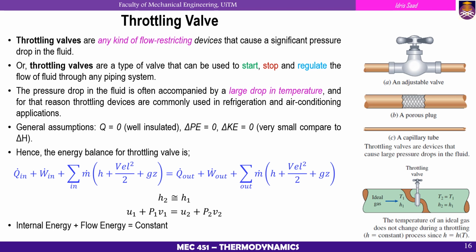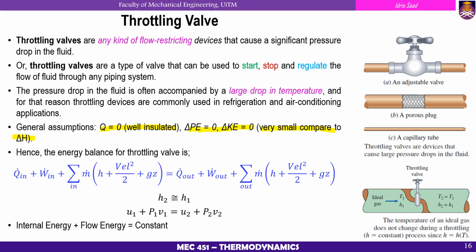As for the analysis based on the energy balance for the steady flow process, the general assumptions for the throttling valve are: Q is equal to 0, it is well insulated; delta PE is equal to delta KE is equal to 0, because they are very small compared to delta H. Also, in a throttling valve we don't have any work.